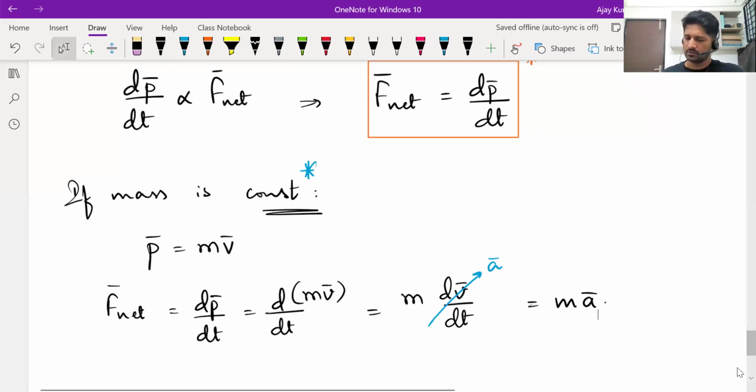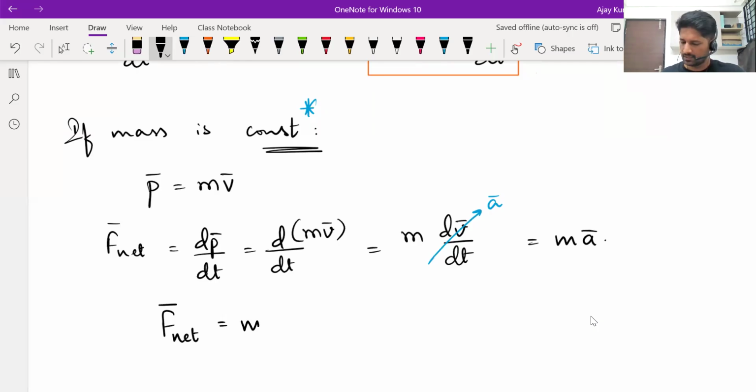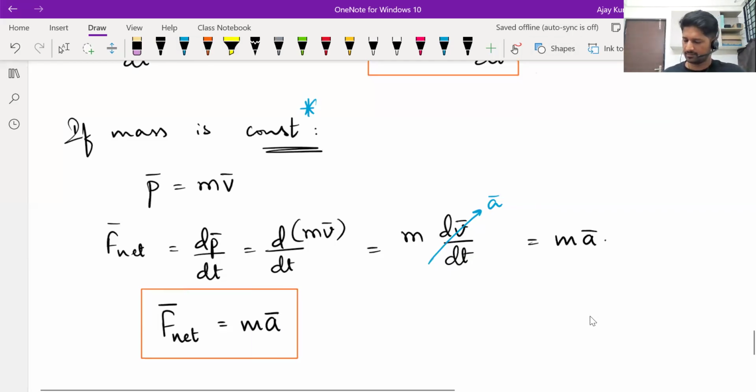And this becomes ma. I'm sure you must have seen this equation, F equals ma, but never read it as just F equals ma. Always say F net is equal to ma. And this equation is valid under the condition that mass remains constant.